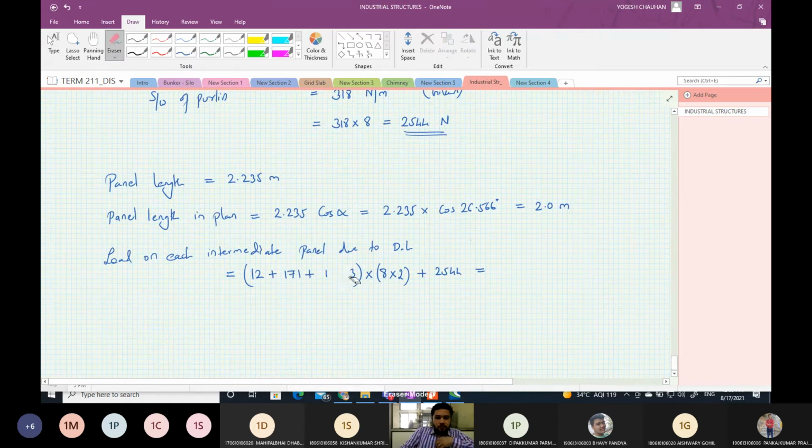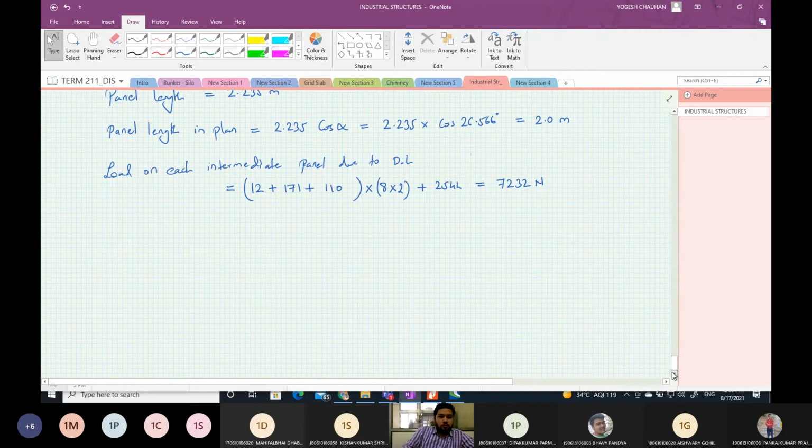This will be 7232. This is the total load on the intermediate panels.